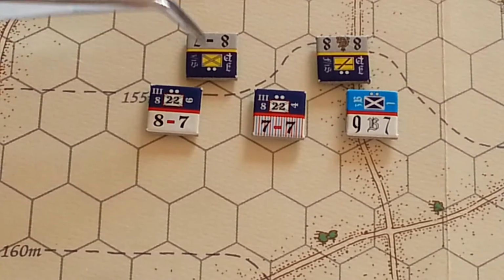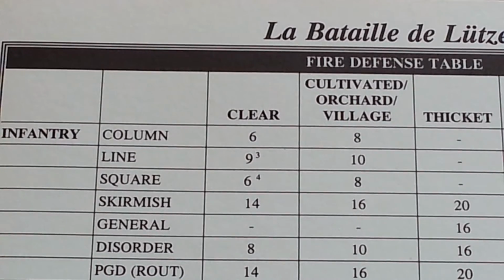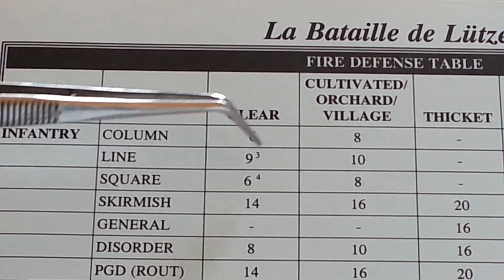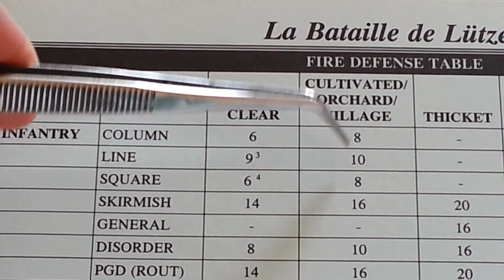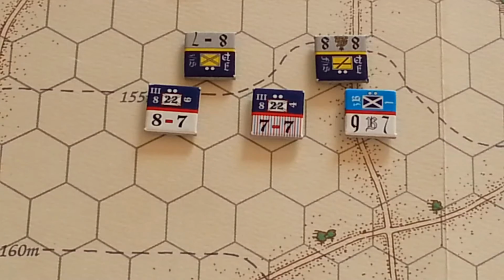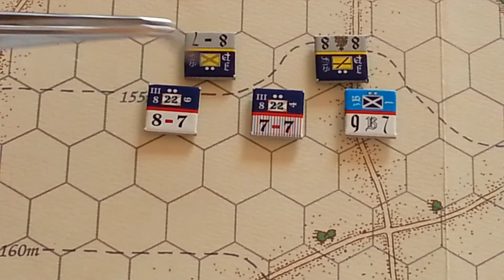The fire defense of a unit in line is again found on the fire defense chart. So we can see here that infantry in line, in clear, has a 9 defense factor. And I can also see that they're able to form line in cultivated hexes with a slightly higher defense factor. So if I were to fire this unit against that one, I have 2 hexes.